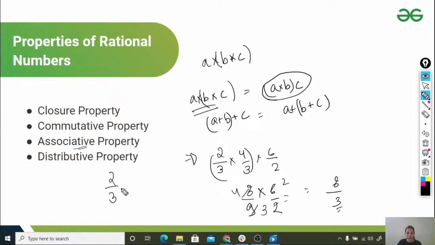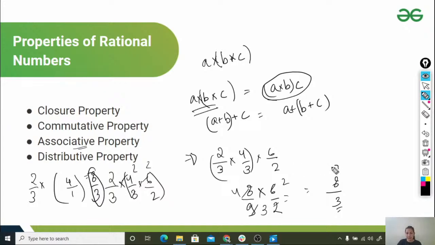Again 2 by 3, 4 by 3 and 6 by 2. So 2 by 3 is outside into 2, 2 threes, 3 twos, 4 by 1. So it would be 8 by 3. So you can see here the answers are same. That means the associative property is followed by rational numbers in multiplication.